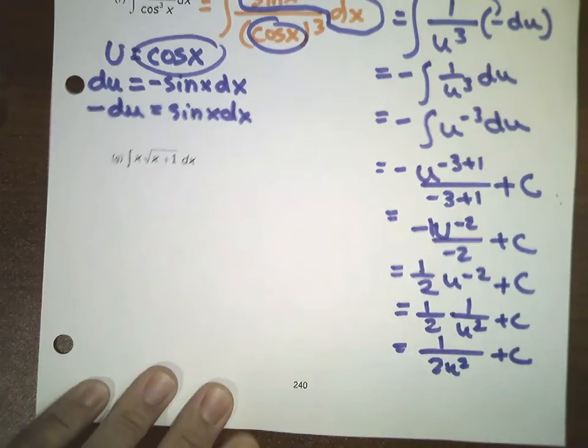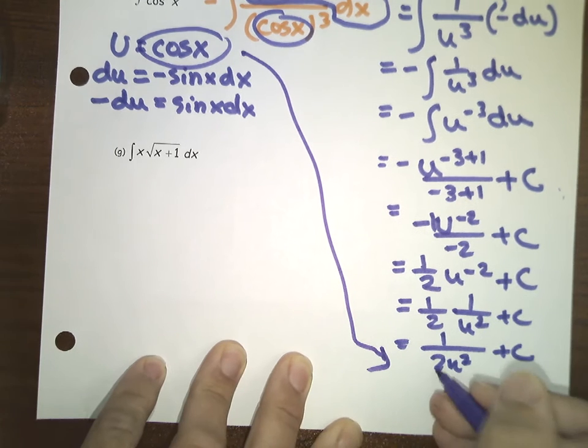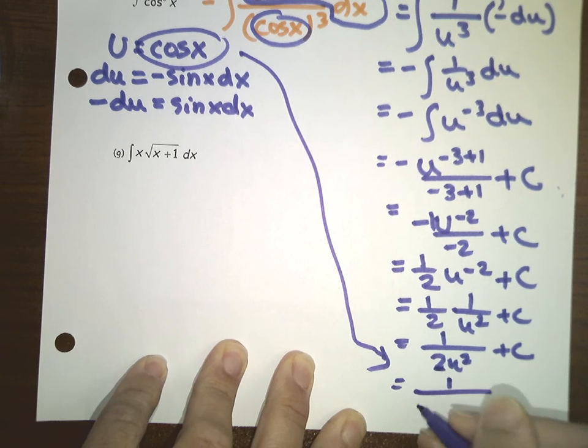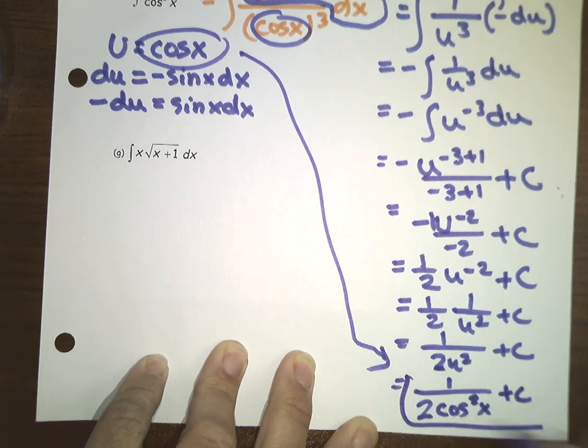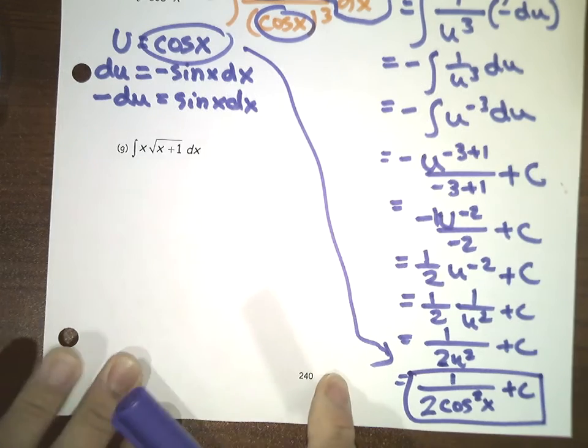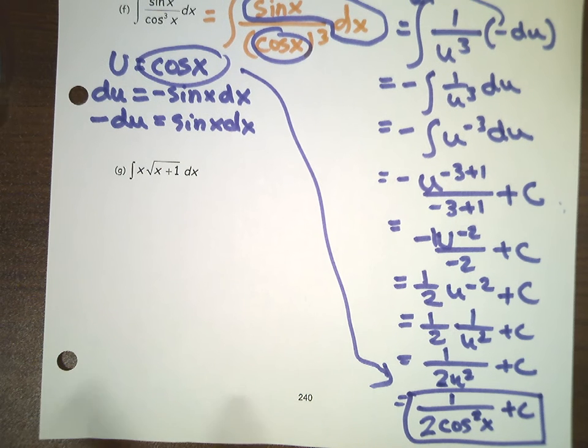And then the u was actually cosine of x, so I have 1 over 2 cosine squared x plus c. All right, what a time to be alive. I hope that you enjoyed that example here.